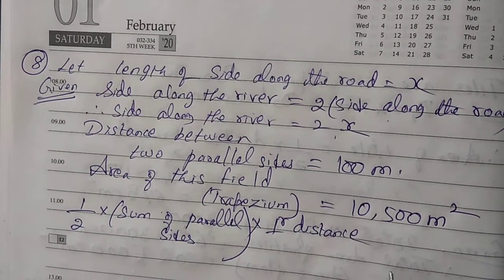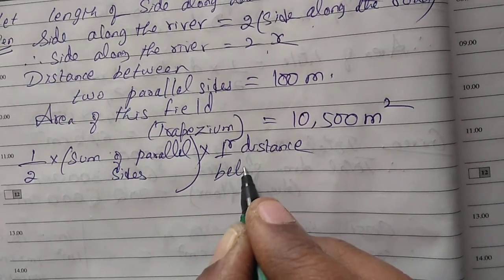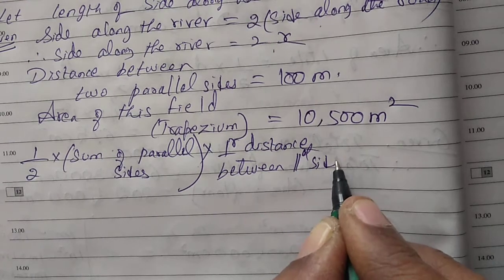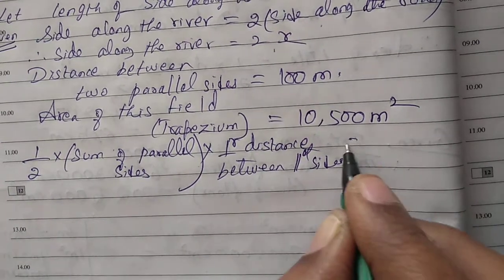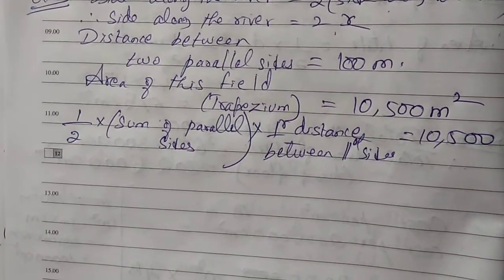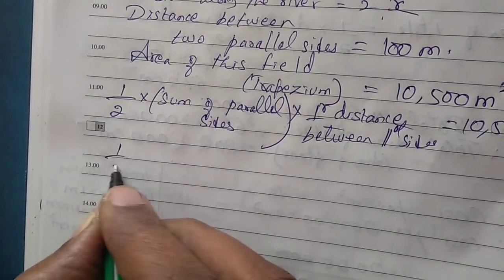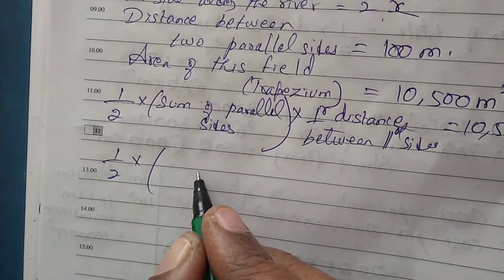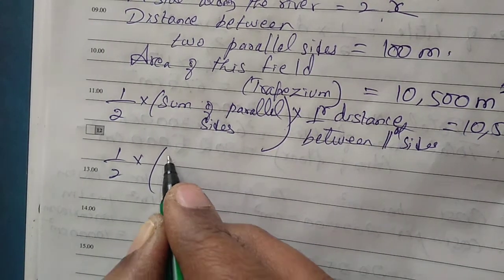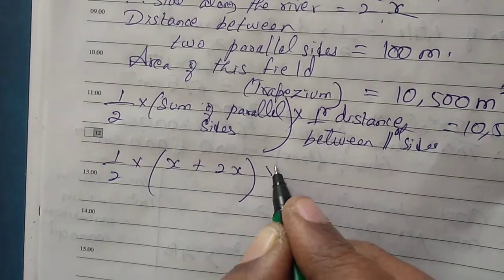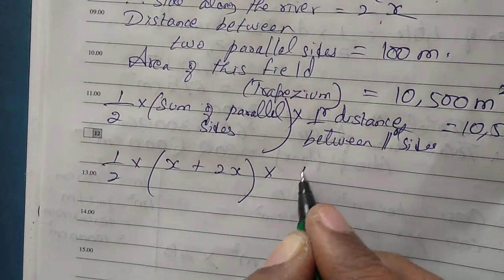So this area is equal to 10,500. Now let us substitute the values. Half into sum of parallel side. Sum of parallel side is the side along the river and along the road. So x plus 2x multiplied by perpendicular distance between them is given as 100 equal to 10,500.